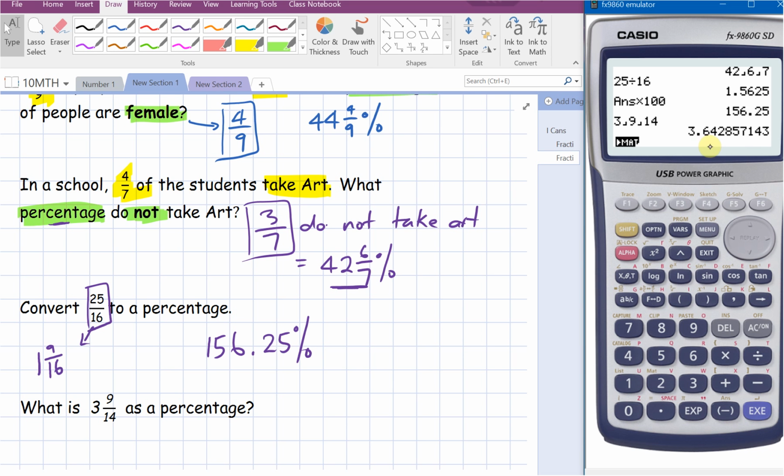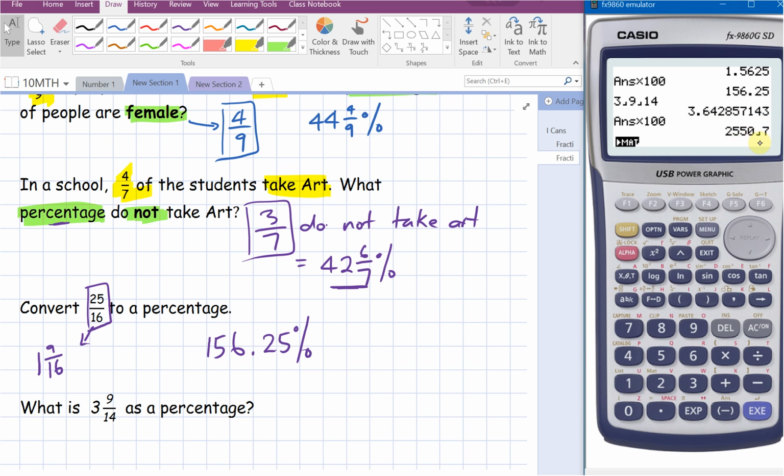So I've got my decimal. I'm going to now multiply that by 100. So times 100 equals, and what this does is that it gives me back the improper fraction. If you just look at this number here, 3.642857, etc., if you multiply that by 100 just in your head, you will realize that you're going to get 364.2857143%.